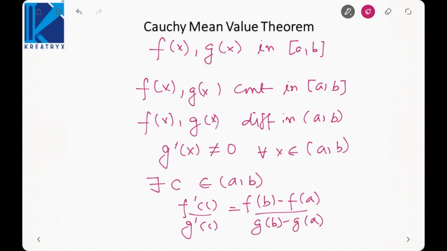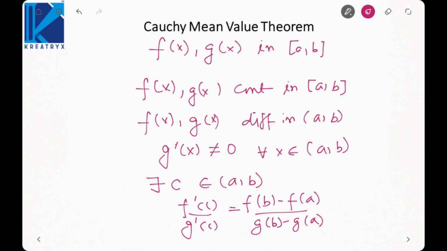Is it fine? Now you will think that this mean value theorem does not convey any additional information as compared to LMVT. Because if you consider two functions in LMVT and apply LMVT to both and then take the ratio, you will get the same result. But the loophole in that derivation is that you are assuming that the same point c will be applicable for both the functions. It may so happen that the value of c is 2 for the first function and it is 3 for the second function.